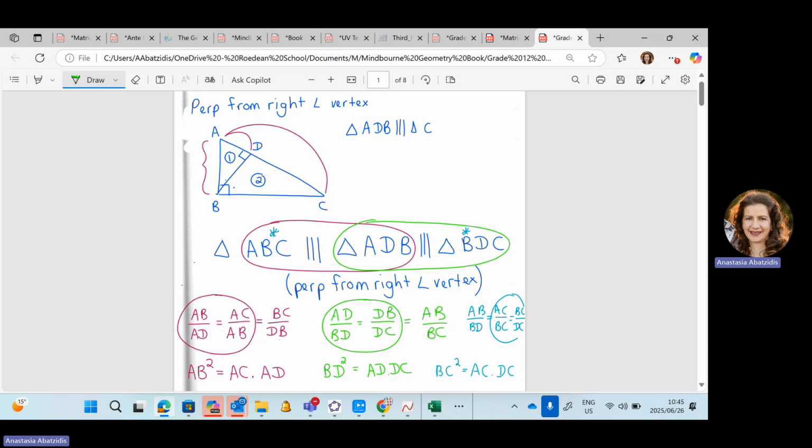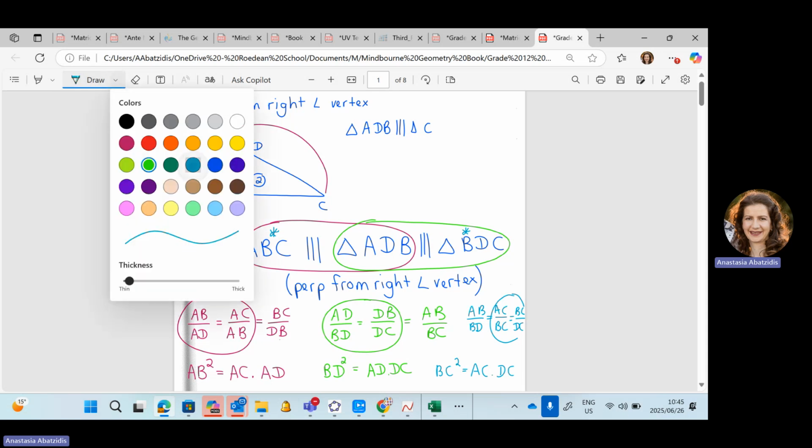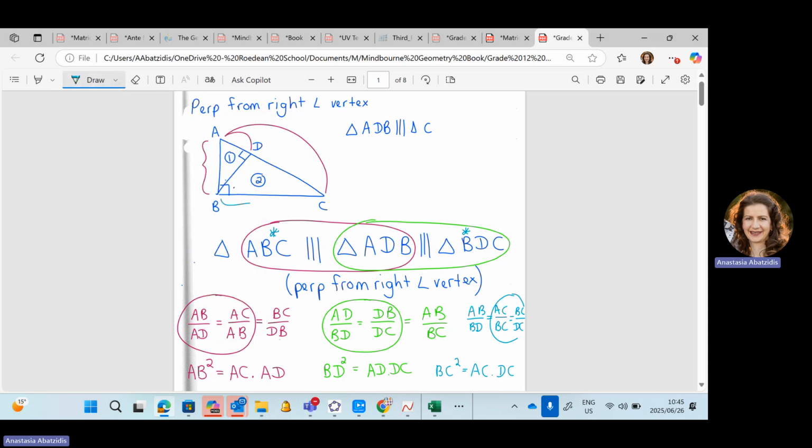BC squared, this one here, equals AC times DC. Okay. And BD squared, this one, equals that times that. Those are the corollaries that are formed.